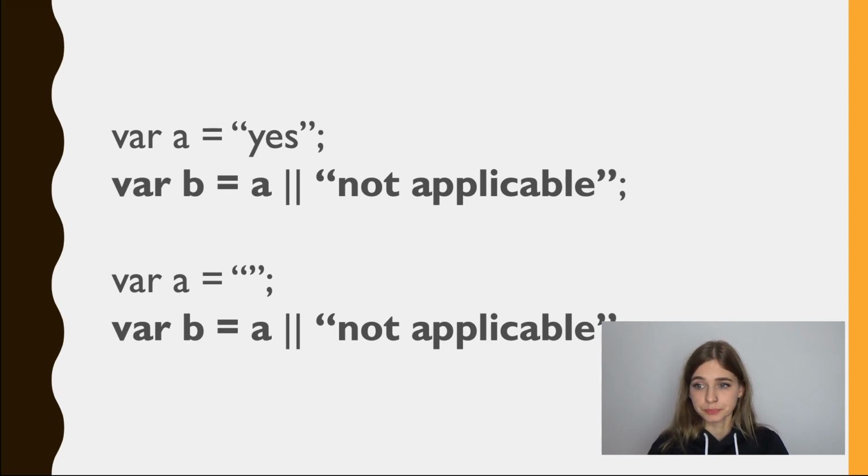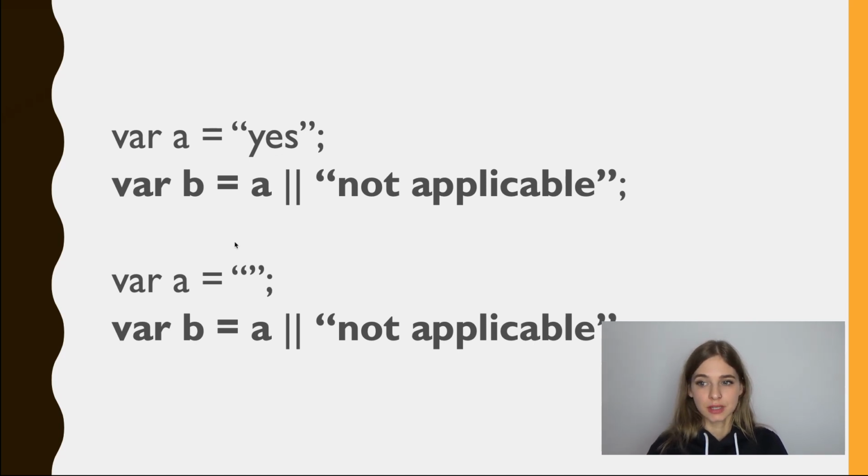The program will treat this the same as in the examples. It will take the input in the place of variable A, which is yes, so whatever the value of that variable is, if it's true, it would assign that value. So variable B would be assigned the value yes.